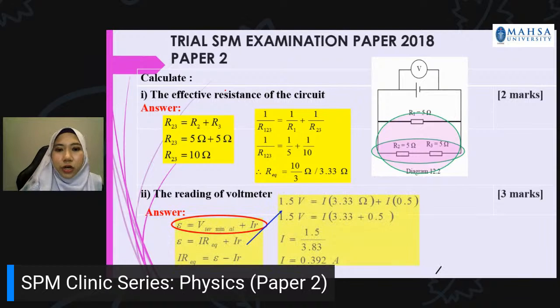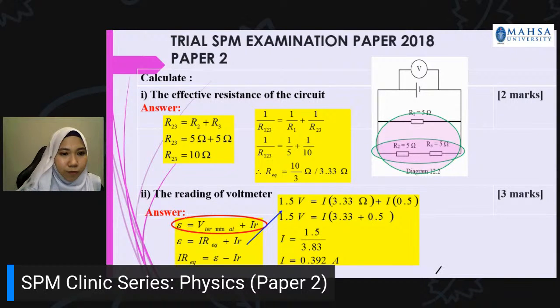First, when talking about the electromotive force, you have your internal resistance that you need to consider in your calculation. So your formula is not V equal to IR like the previous question. Now you have the formula for the electromotive force and the internal resistance, which is E equal to V terminal plus Ir.